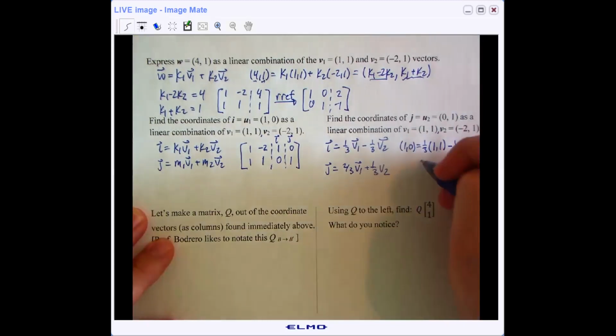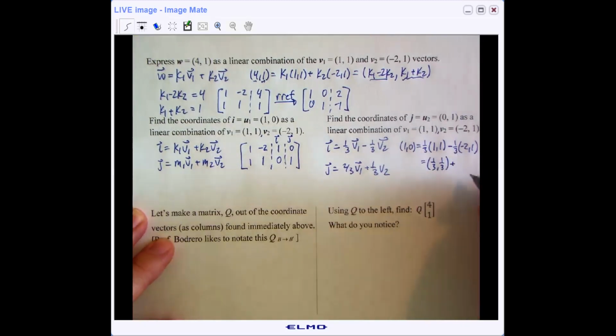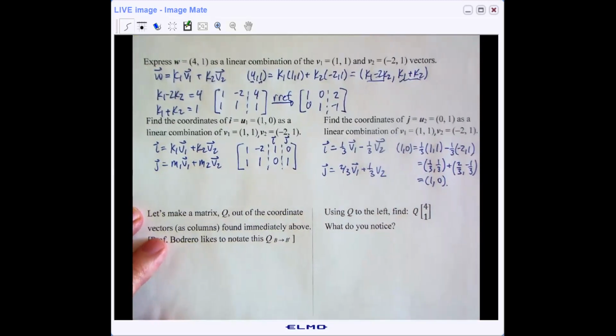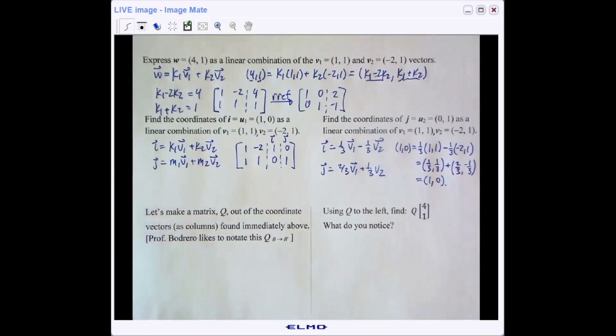So we've got 1/3, 1/3. And I'll distribute the negative 1/3 through, so we're going to add plus 2/3 and negative 1/3. And 1/3 plus 2/3 is 1, and 1/3 minus 1/3 is 0, so it checks out. We'll pause right there and pick up in our next video.